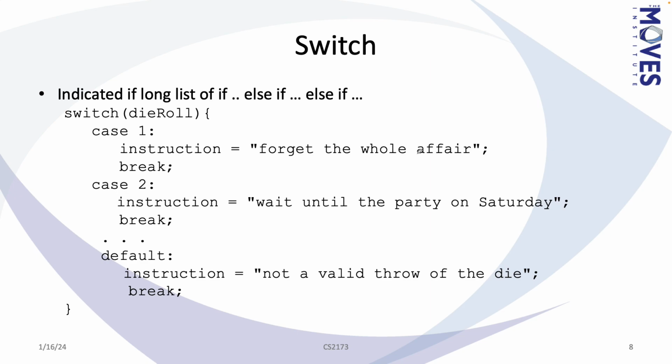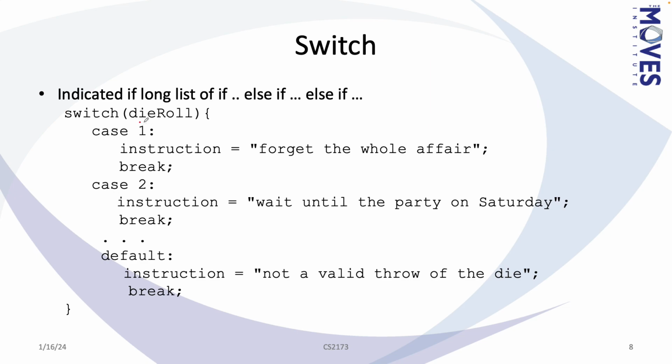And so the book has this cute example of this dice man thing. I hadn't heard of this before, but evidently the story is this guy who rolls a die every time he tries to make a life decision or something like that. So, okay, there's an example of a switch statement.